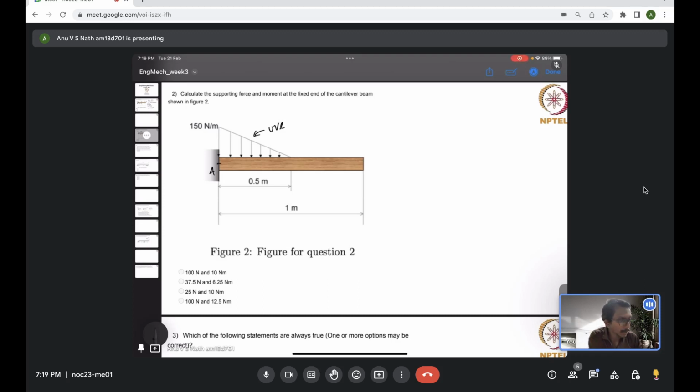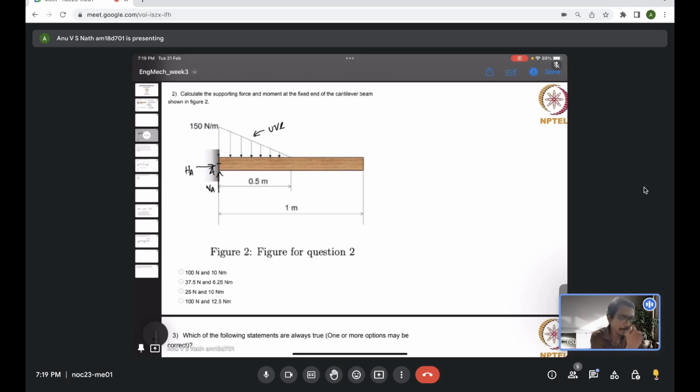So we just need to evaluate the supporting force, basically the vertical reaction at A. Because A is a fixed end, you can have both vertical reaction and horizontal reaction.